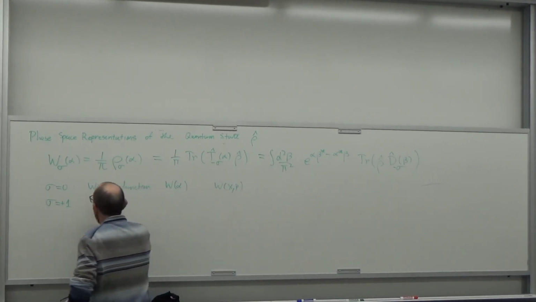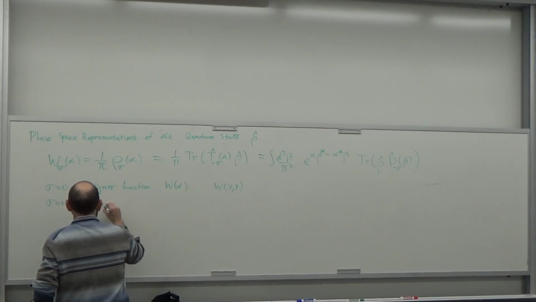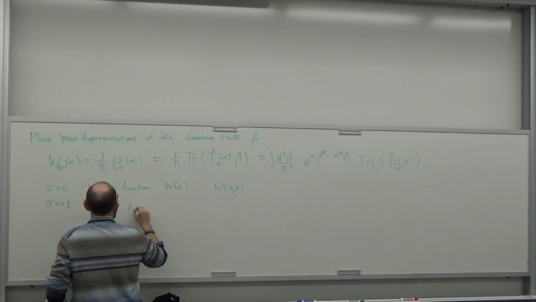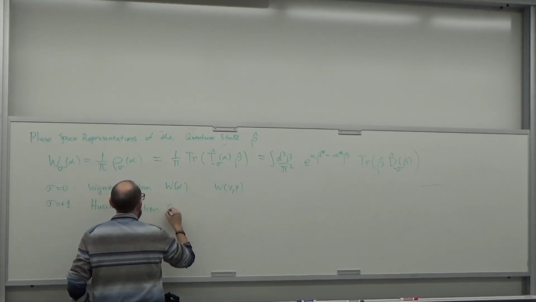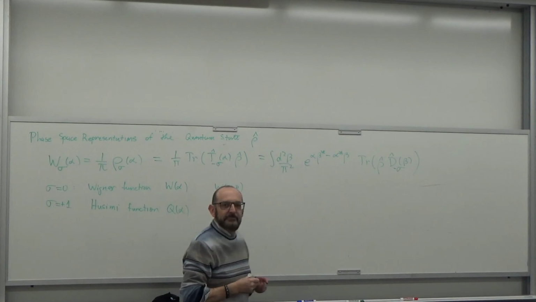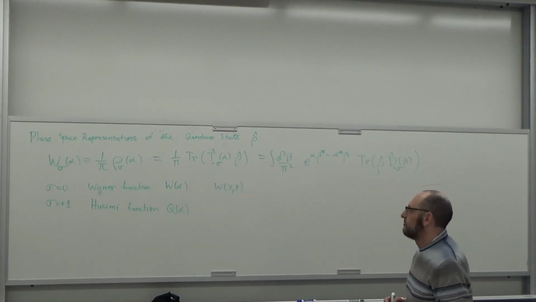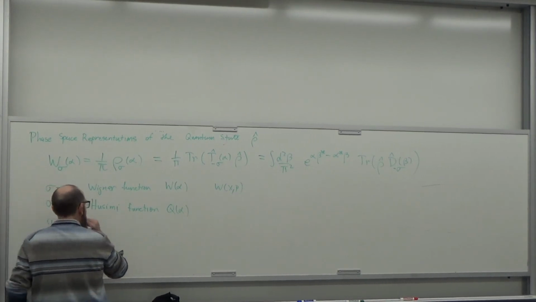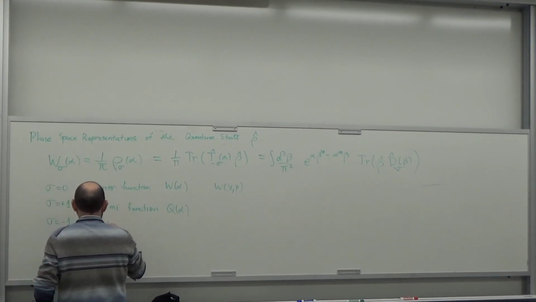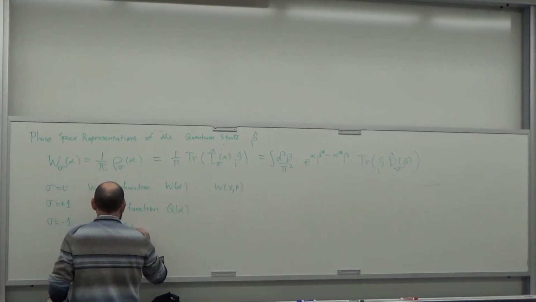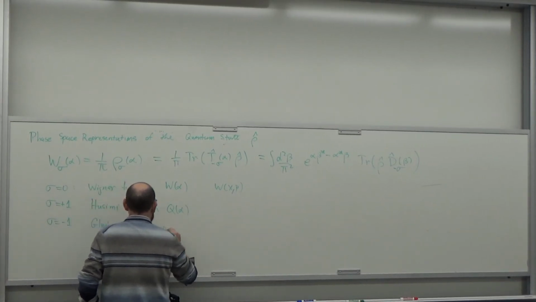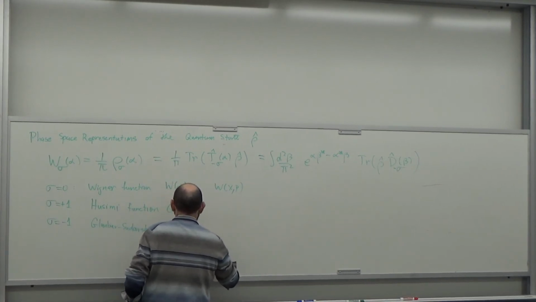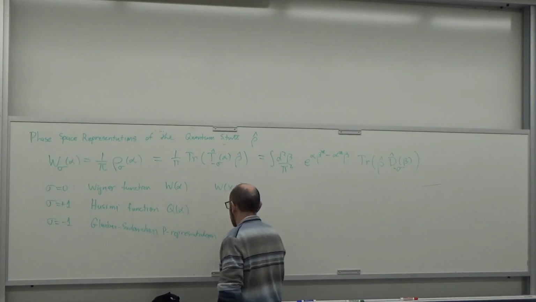We call this the Husimi function, and we typically call it, in quantum optics, Q. When sigma equals minus 1, it's our friend we have seen before. It's the Glauber-Sudarshan P representation. And guess what we call it? P.